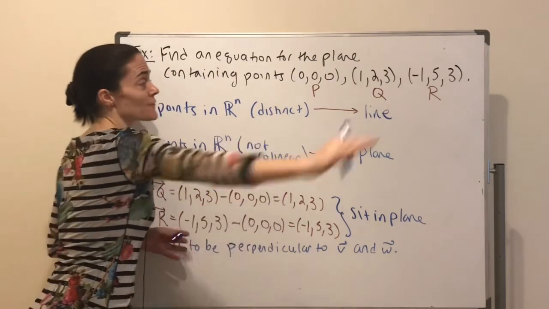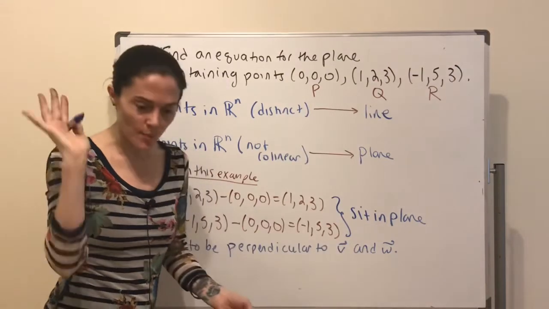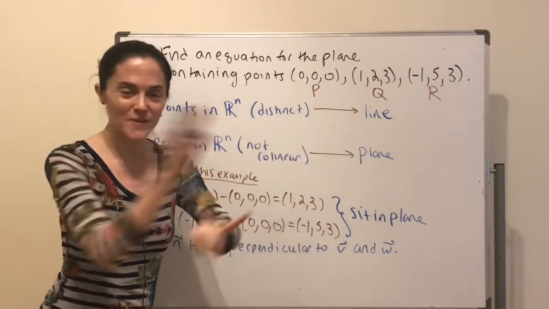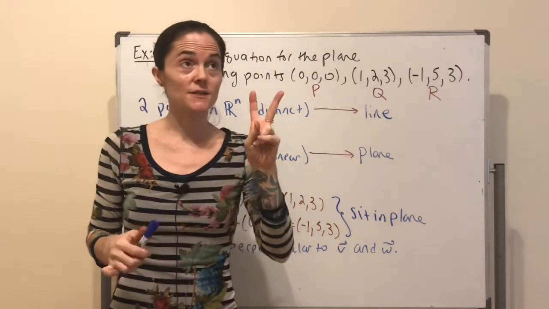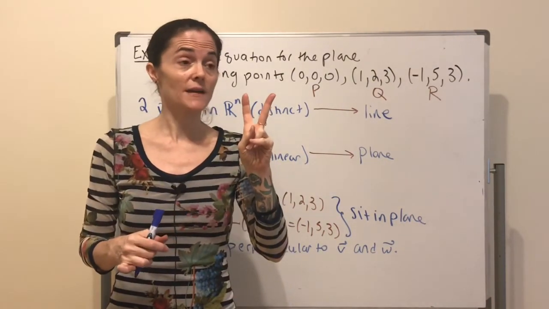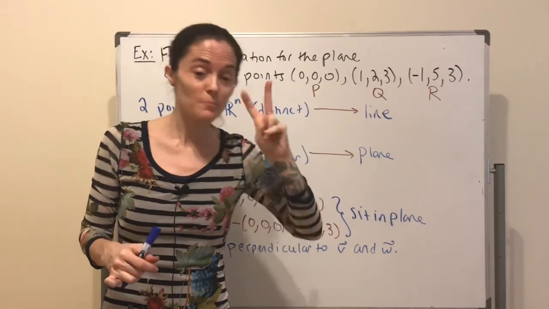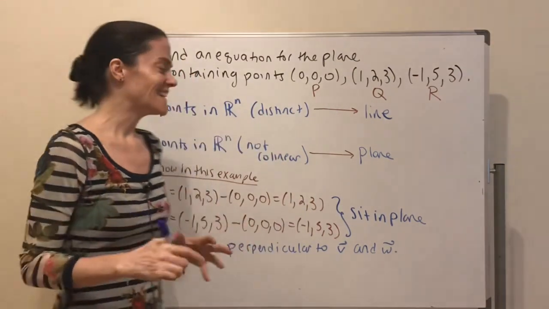We have 3 different points we could choose from as our point. We have normal vector, we have point, we have the equation. But the question is, given 2 vectors in R3, how do you find a vector that's perpendicular to them both? Well, we don't have that yet.